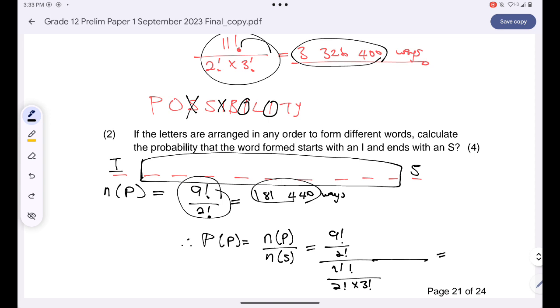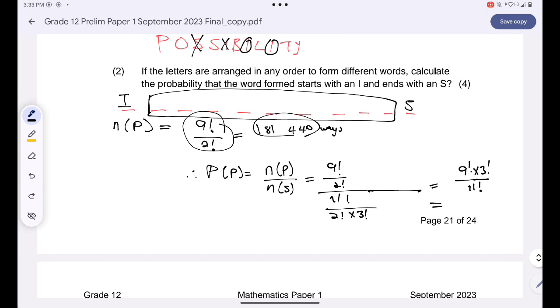This can be simplified, guys, into 9 factorial multiplied by 3 factorial divided by 11 factorial. And then this will just give you a final answer, guys. Né? Let me just punch my calculator. 9 factorial times 3 factorial divided by 11 factorial.